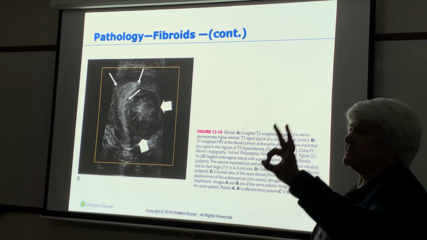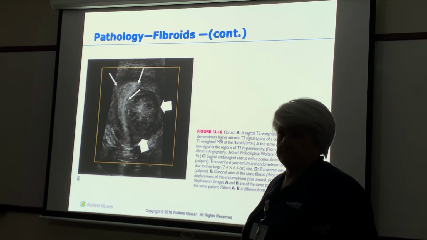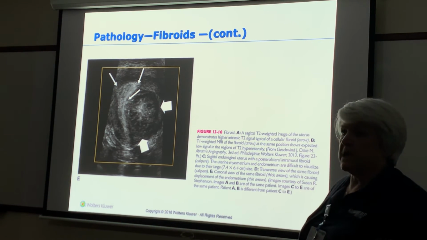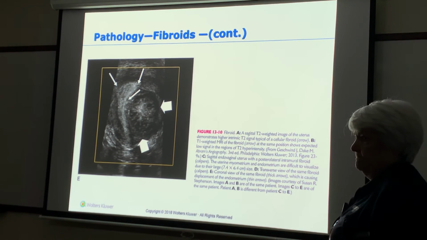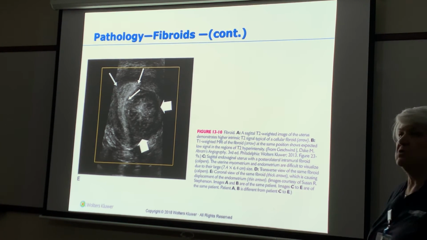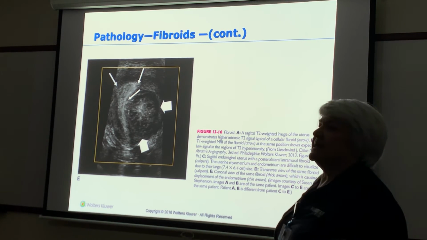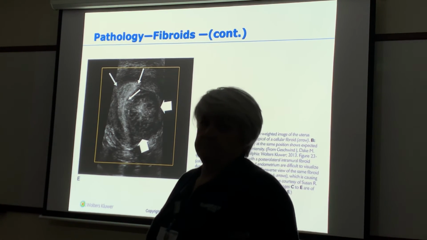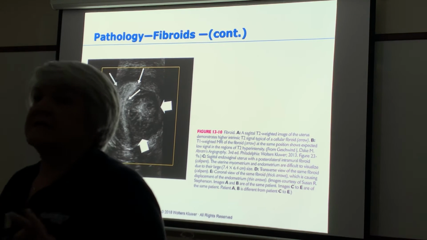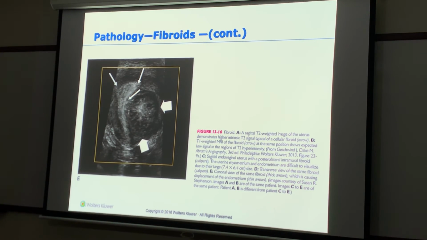Submucosal causes dysfunctional bleeding, D-U-B. Intramural is in the myometrium. Pedunculated is where it's on a stalk attached to the uterus.